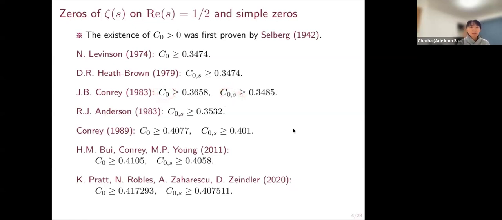When you restrict to simple zeros, the proportion goes down a little bit, but it still improves the result of Levinson and Heath-Brown.